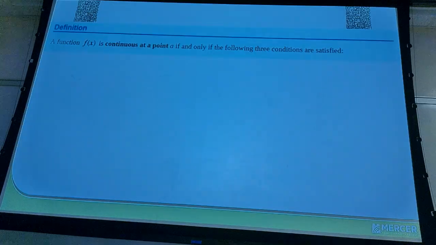We start by defining continuity at a point. Call it a. Three conditions must be satisfied. First, f of a has to be defined. That's pretty obvious. Second, the limit has to exist.